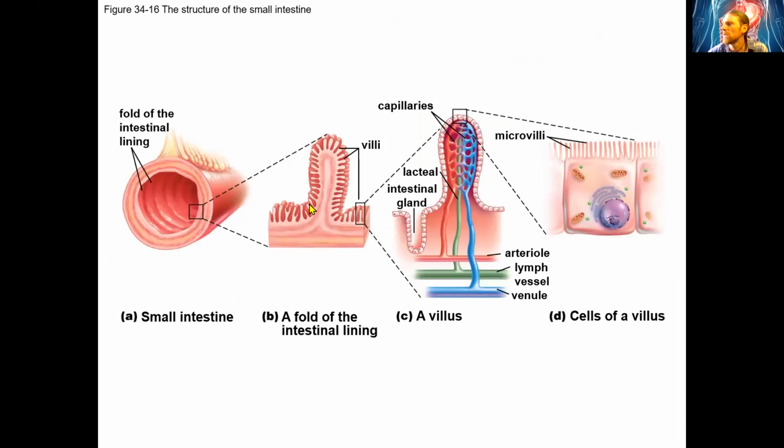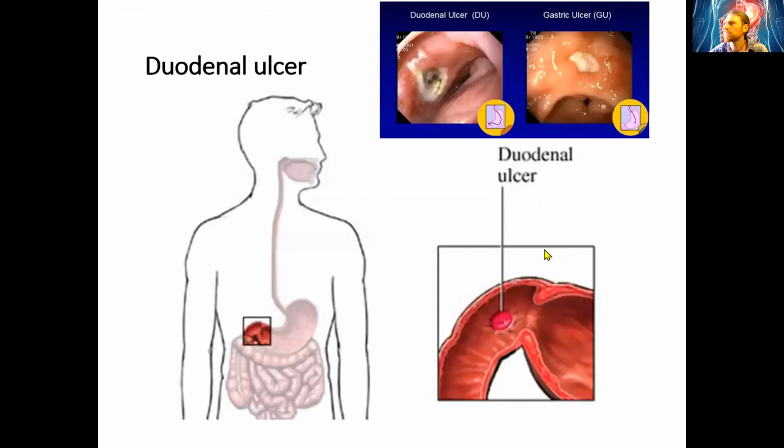You can see what I just drew. If you zoom in more and more, you see how specialized those cells are. And they are organized in such a way that the small intestine has an enormous surface, a very, very large surface, in order to be able to do the absorption of all those nutrients.